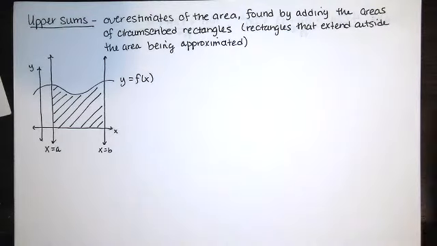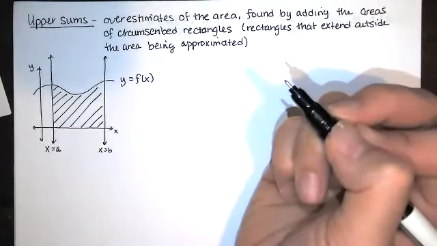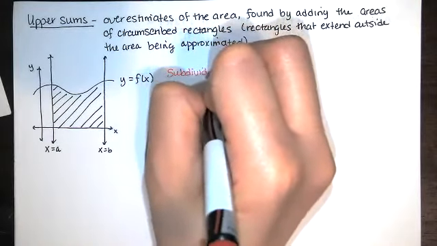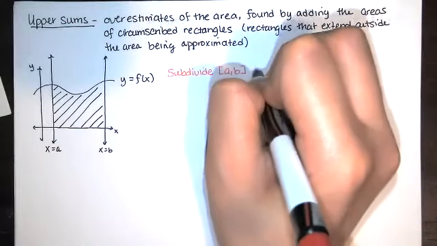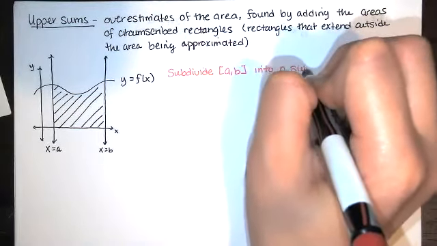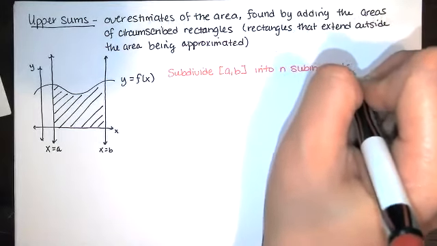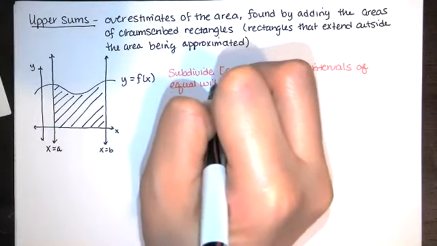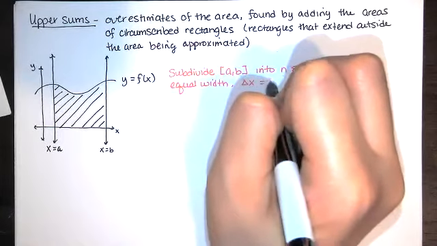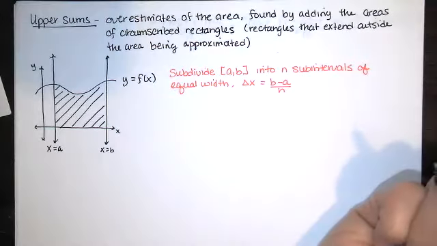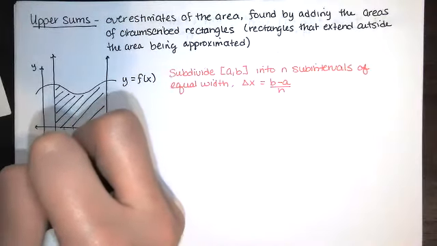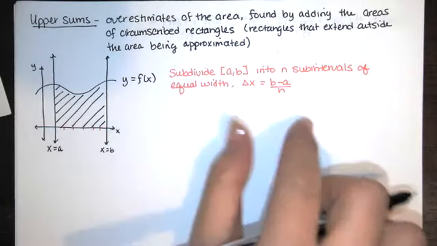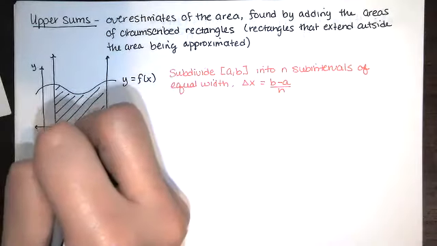If we take that interval from a to b and subdivide it into n subintervals of equal width, that equal width is delta x. It's notated by delta x, which is b minus a over n. I'm taking this interval and subdividing it into n rectangles, so I take it and divide it by n. That's going to give me delta x.